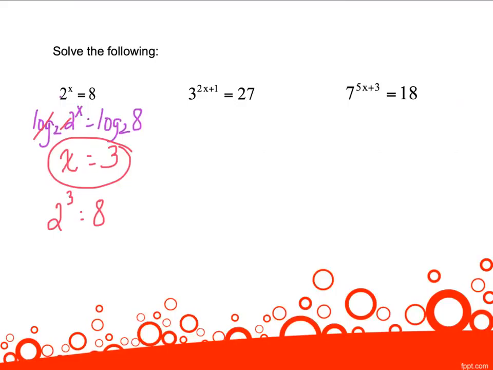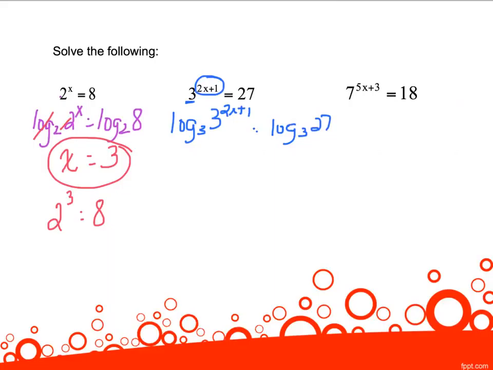So let's look at another one. We have 3 to the 2x plus 1 equals 27. We want to get that x by itself. So I need to get rid of this 3 to the. So to get rid of 3 to the, I do log base 3. But what I do to one side, I have to do to the other. So I'm going to have log base 3 of 27 on the other side.